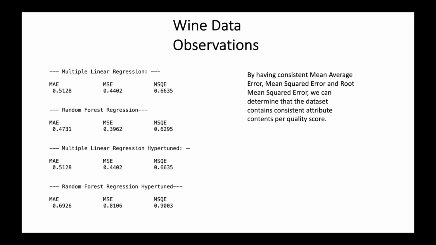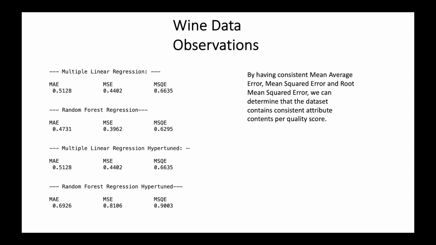As we move to the third slide, under wine data observation, we have 4 outputs. The first 2 are the base model outputs of the multiple linear regression and random forest regression models, respectively. The third and fourth, as mentioned before, are hypertuned using Grid Search CV, as mentioned by Dylan in the previous dataset.